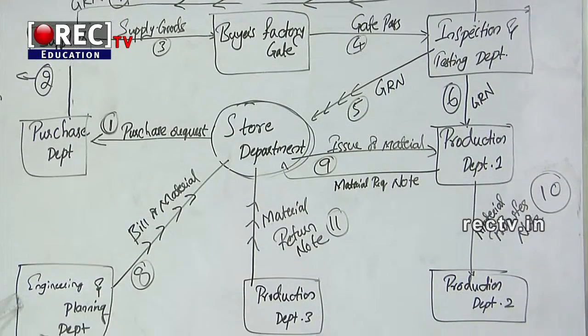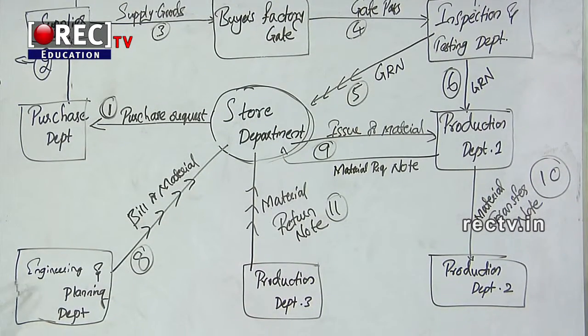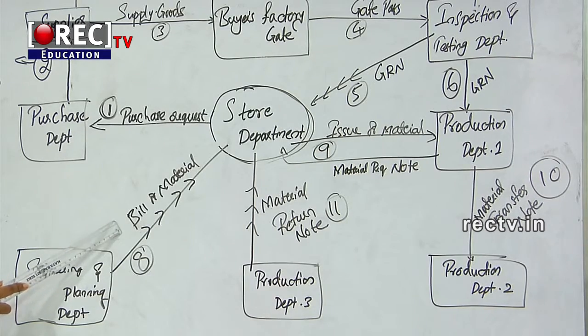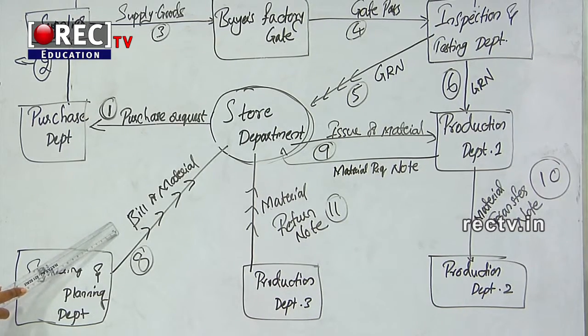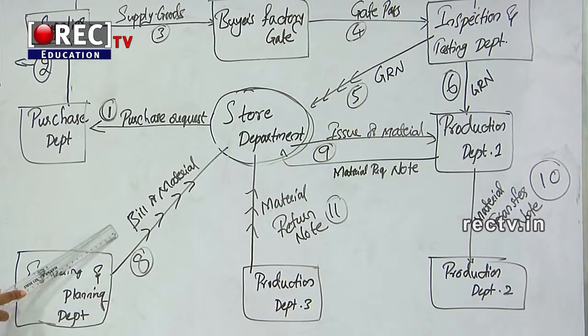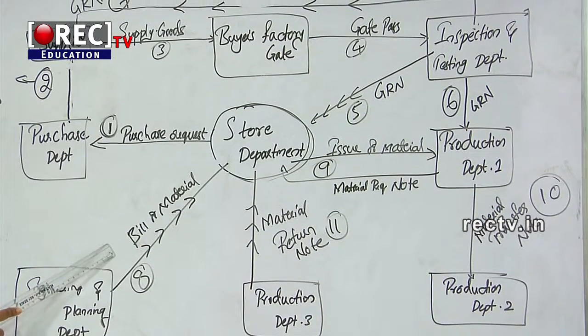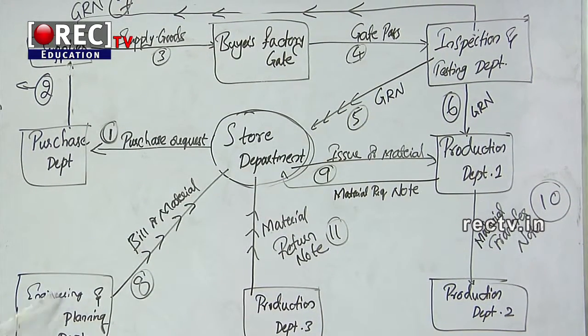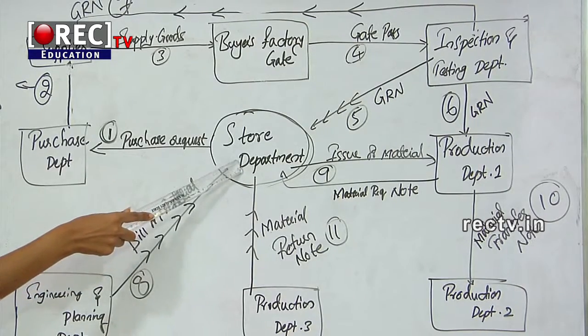Next, the engineering and planning department will prepare the bill of material, which contains complete information regarding the material required for the completion of a job or process, and it is issued to the stores department.